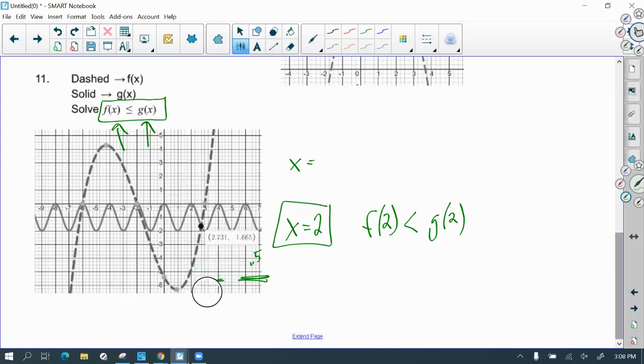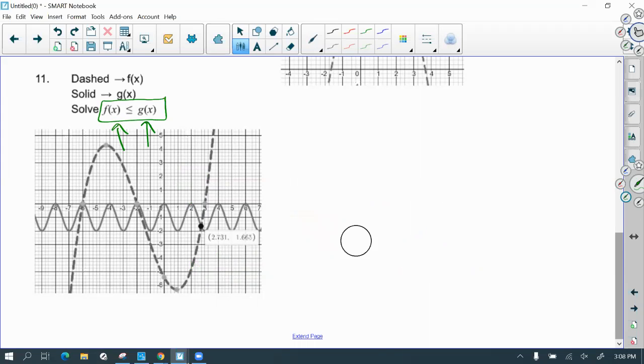But 2 isn't the only answer. All of these ordered pairs, I want to know all the x values in that green section, because all the x values in that green section produce y values that make f less than g.